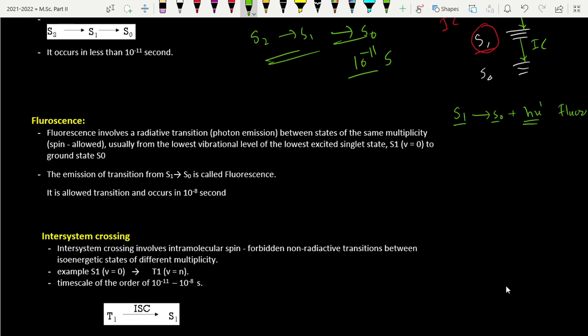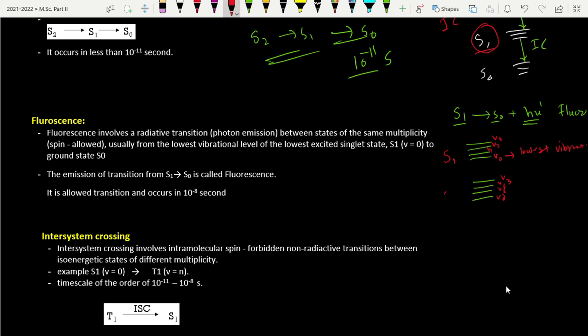So this is S1, and this is the lowest vibrational energy level, V0. Then V1, V2, V3, like that.